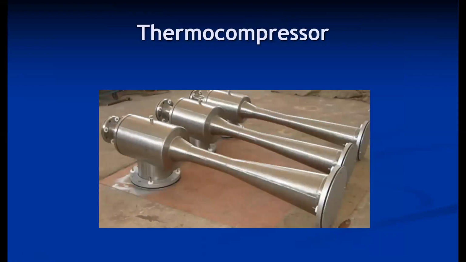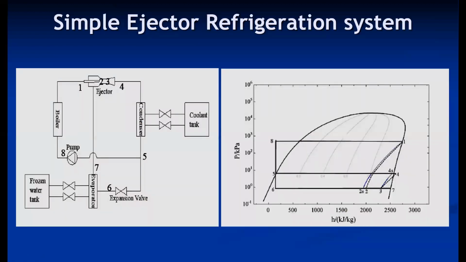These are some thermocompressors. They are big units because they are used in big steam power plants. These systems are especially used in the cooling of electronic equipment or control cabins. But now this is an advanced system. Nowadays, because of the energy crisis, as we discussed at first, there are two important issues of refrigeration systems, the energy crisis and the environment crisis.